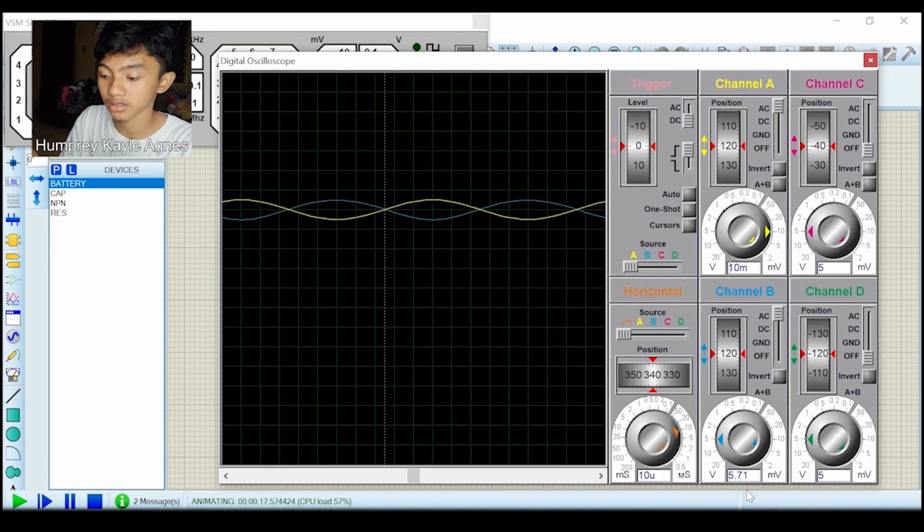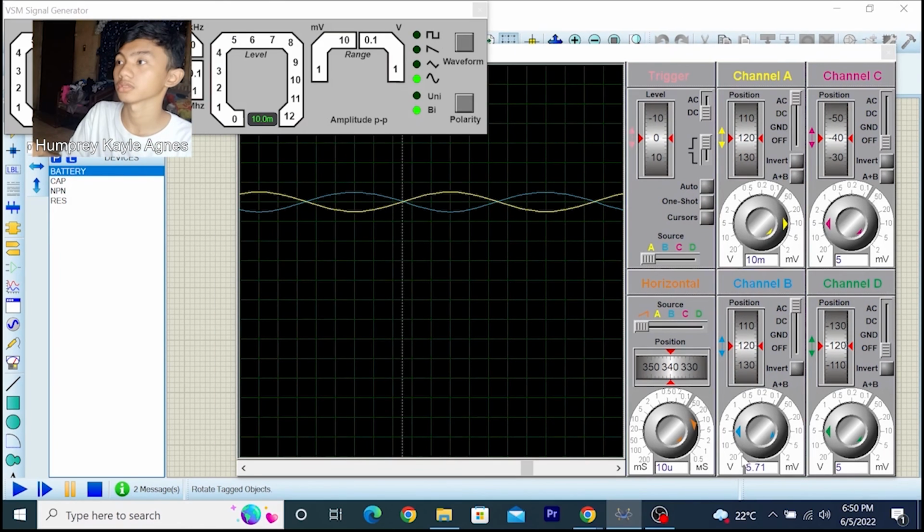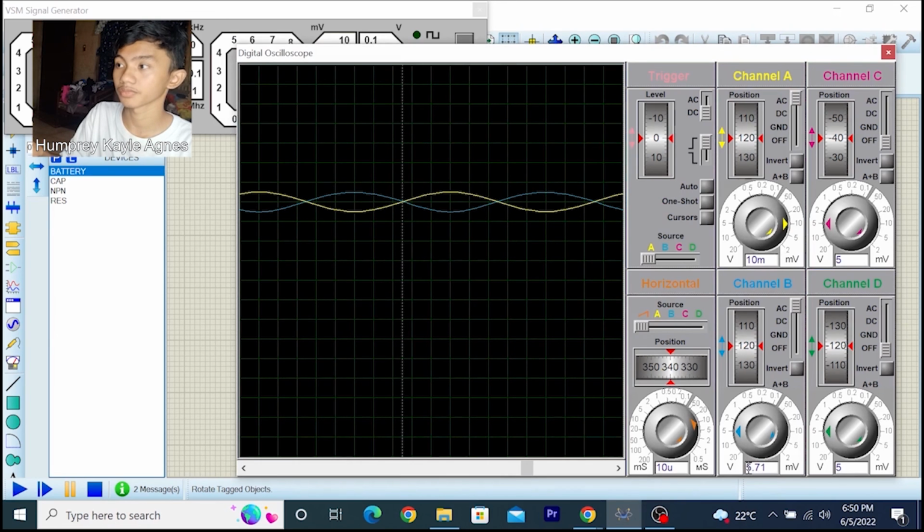My answer in here is negative 574.29. So as you can see, it's not the same as the theoretical, which is negative 574.29, but it is close. As you can see, it's 5.71, and we already did the calculation.